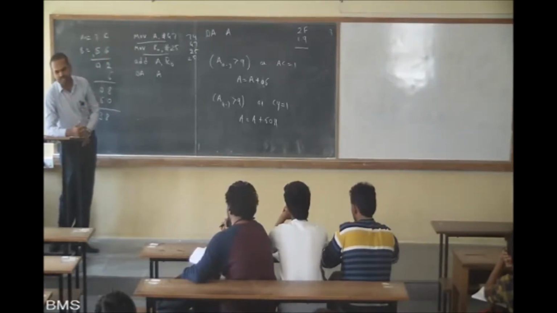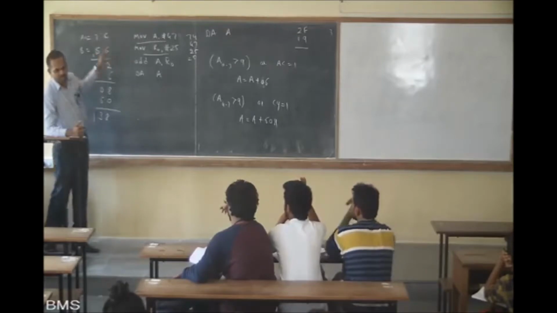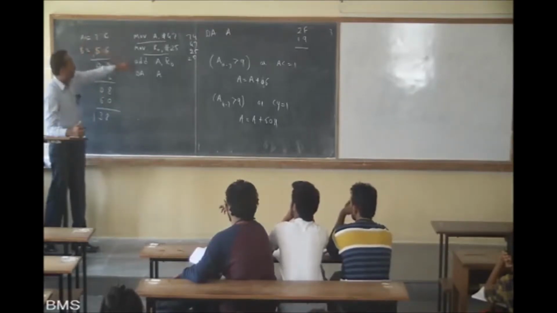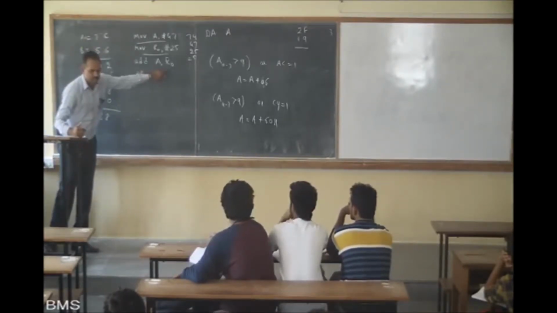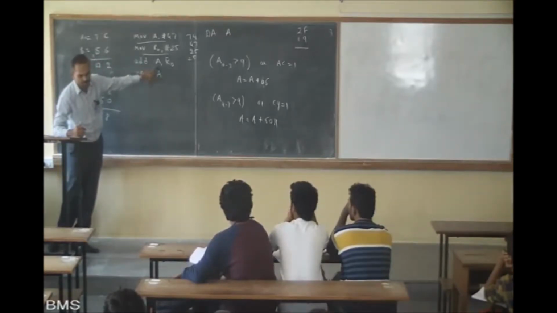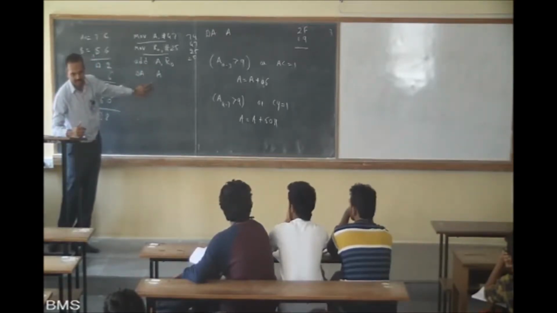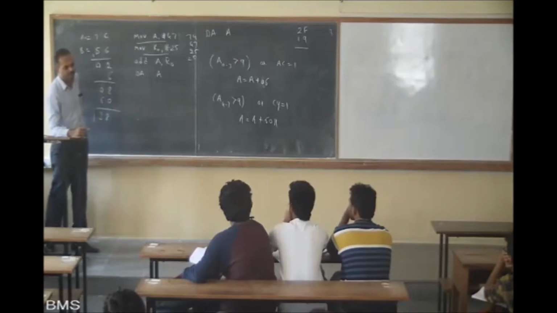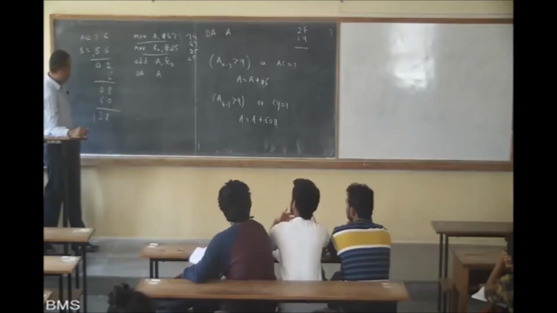Then you have to add. How do you do that? You should put 0 there and add A comma 0, 0 and then DAA. This instruction is a must for this. And then last, you can convert it to decimal.